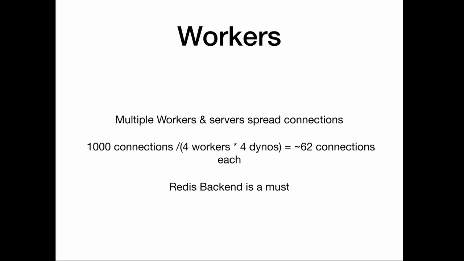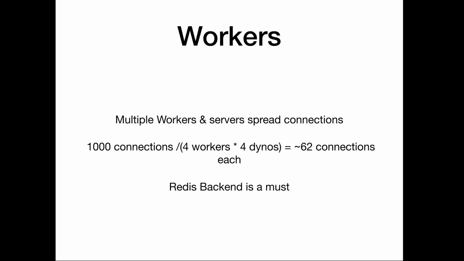Smaller dynos, that is. Redis backend, I mentioned this. It's a given. There are a couple of other backends as well. You can use Postgres. You can use some other adapters that they've provided, but Redis is pretty much the fastest there. Sure, it's a single point of failure, but when does Redis truly go down unless it runs out of memory?